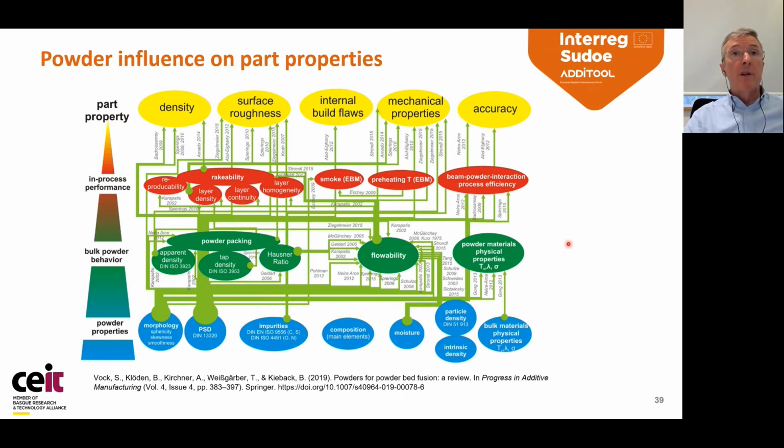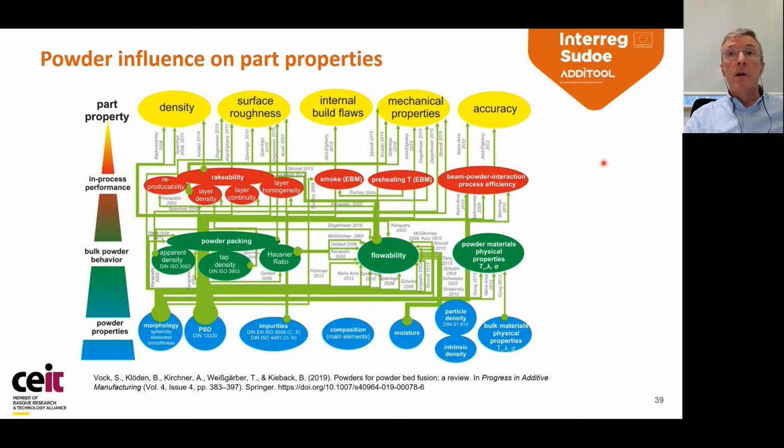How these properties affect the part properties and the process properties has been thoroughly studied, and I like this picture, which summarizes some of the works which have looked into how powder properties, like particle size distribution, composition, moisture, density, etc., influence bulk powder behavior, such as tap density, flowability, etc., and how this affects process performance, and how in turn this affects the final part properties.